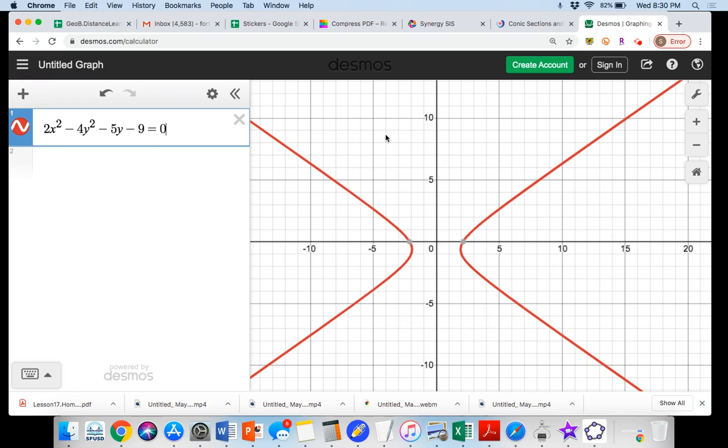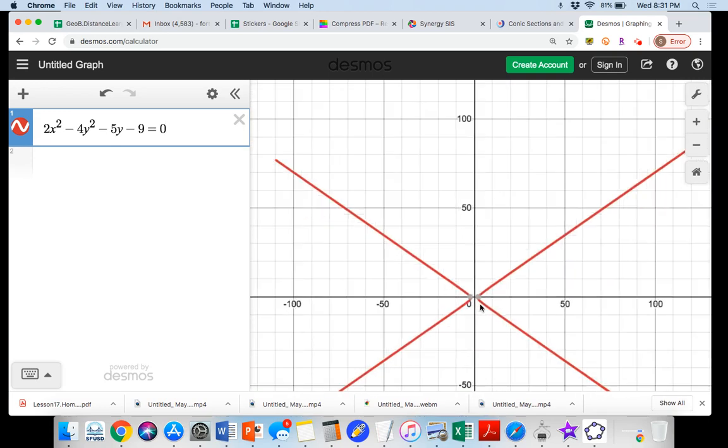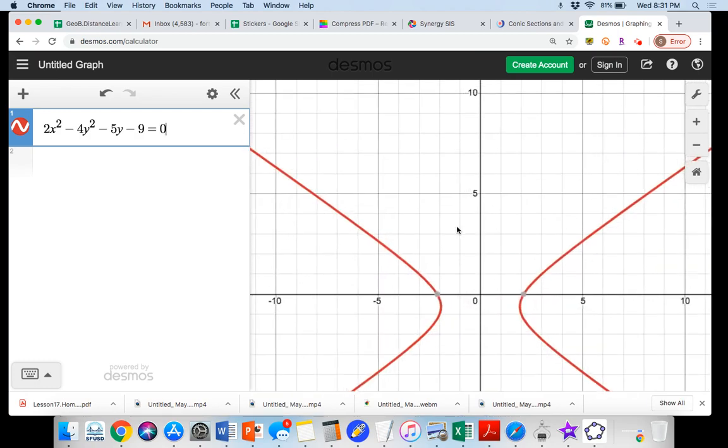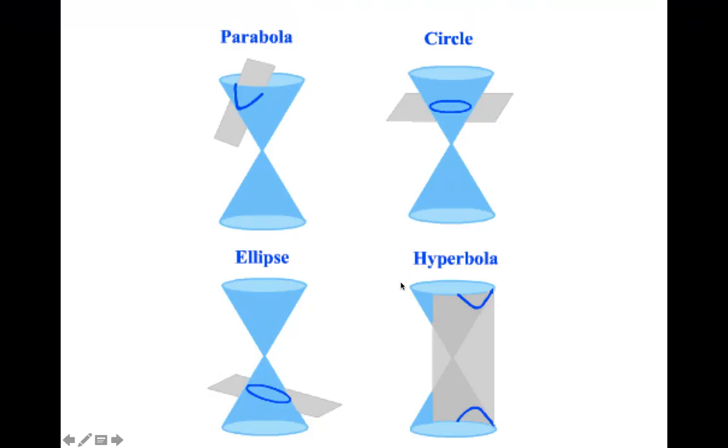And then, as we all know, parabolas can go up. They could go down. There's only one of them on the graph. Parabolas actually can go sideways too. Okay, so you'll study those later as well. Those will come up when you study conic sections. They could go sideways, so just because it's sideways doesn't mean it's a hyperbola. It could be a parabola as well. But you get two of them with the hyperbolas usually.